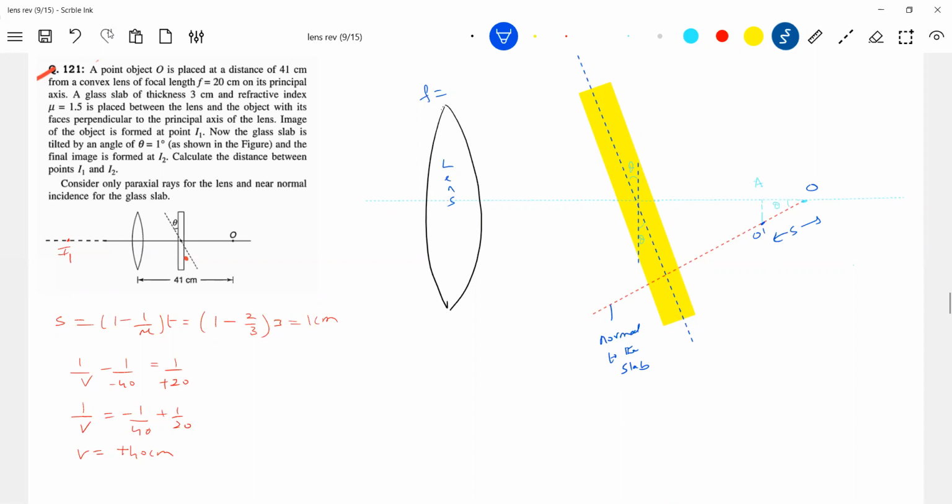It should be 1 centimeter. Let me write OO dash equal to 1 centimeter. What can be OA? cos theta equals OA by OO dash, or shift into cos theta. Theta is very small, theta is 1 degree, so this will become equal to the shift only.